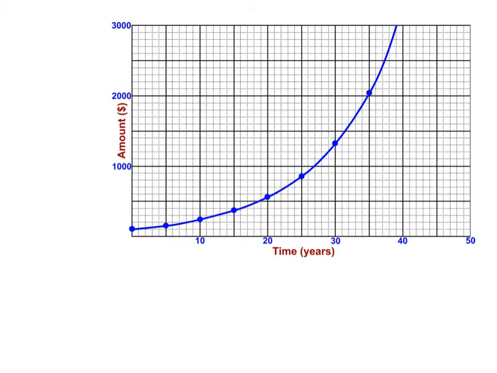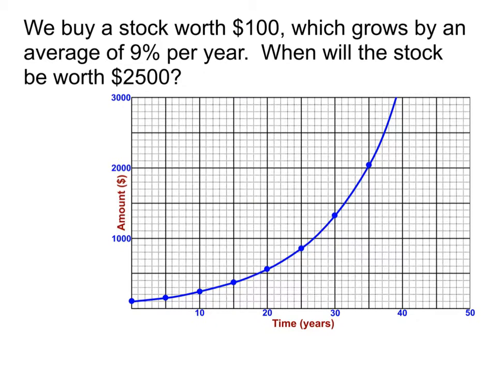Now that we've labeled our axes, we can use that. Remember the original question was, when will this stock be worth $2,500? On your paper, I'd suggest you grab a ruler and actually hold it up to that line so it's a little easier. I'm drawing in where that ruler would be held here. It's up at 2,500. And so what we're looking for is, where is this point?